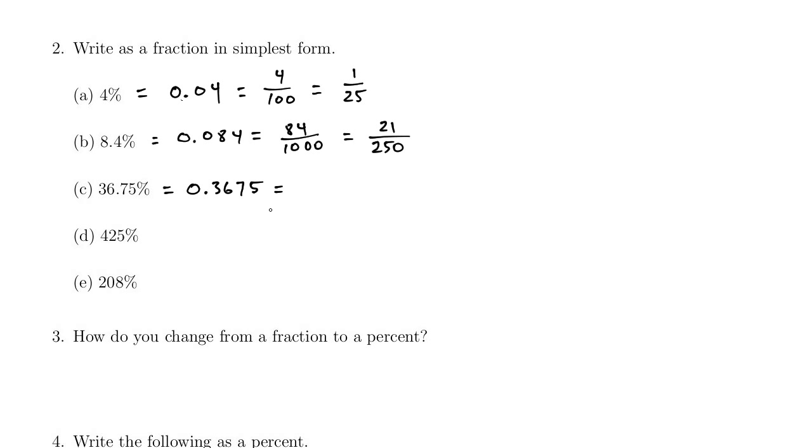Then when we change it to a fraction, we get 3,675 over 10,000. And when we reduce, we divide both the top and bottom by 25, and we get 147 over 400.